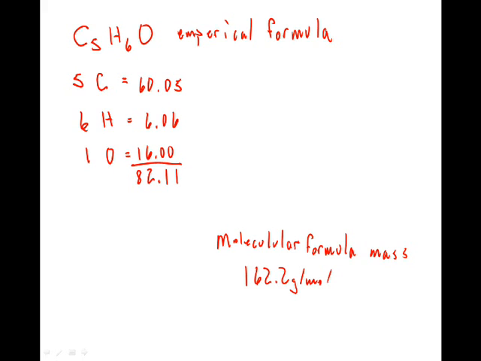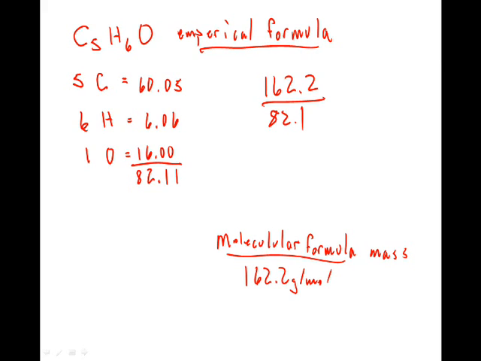Now, remember the relationship between the empirical formula and the molecular formula is some small whole number relationship. In this particular case, we can find that relationship by dividing these. That ratio is 162.2 divided by 82.1.